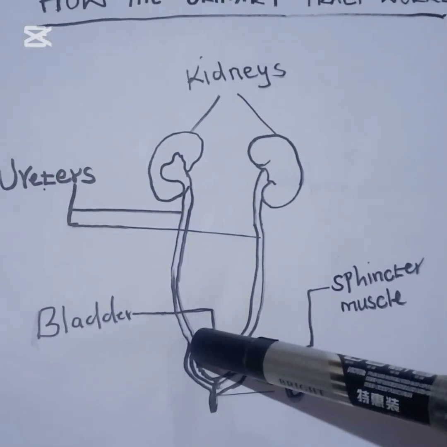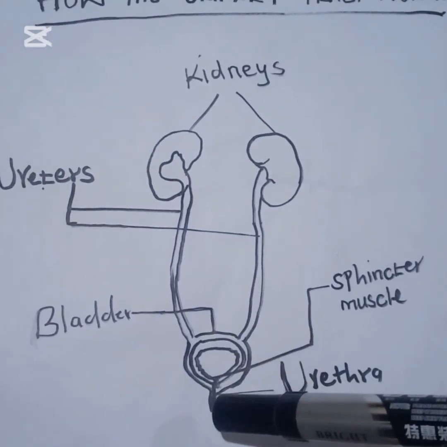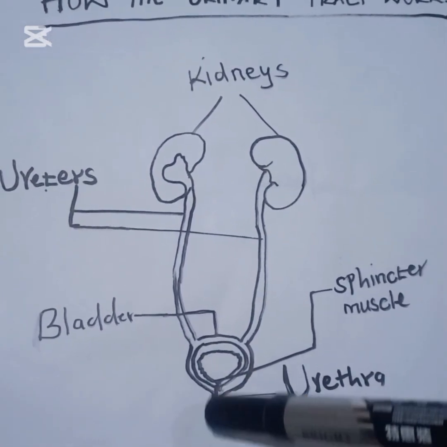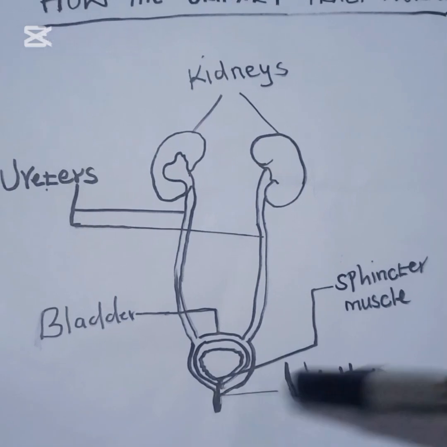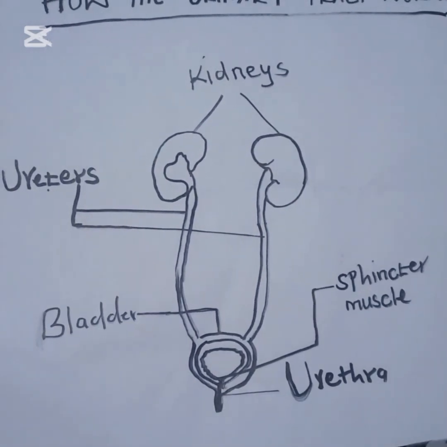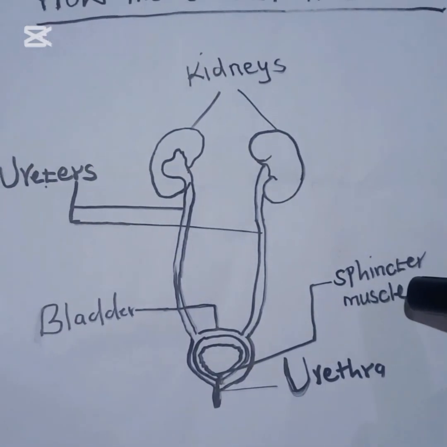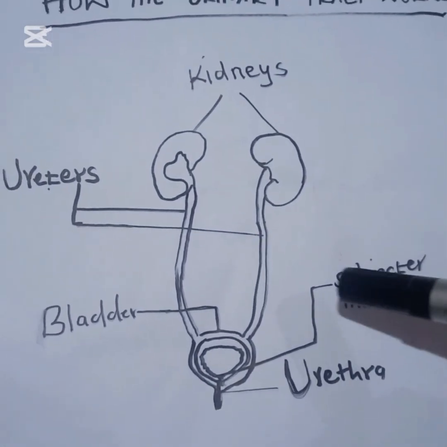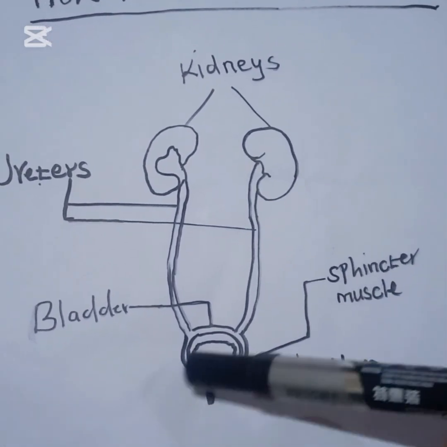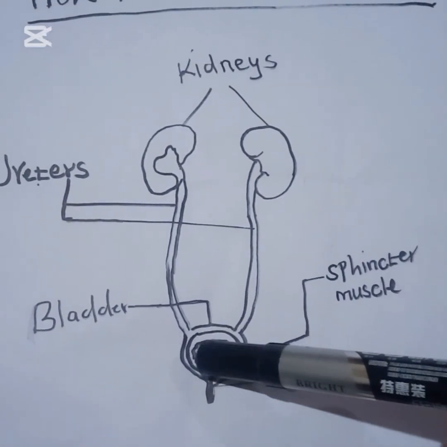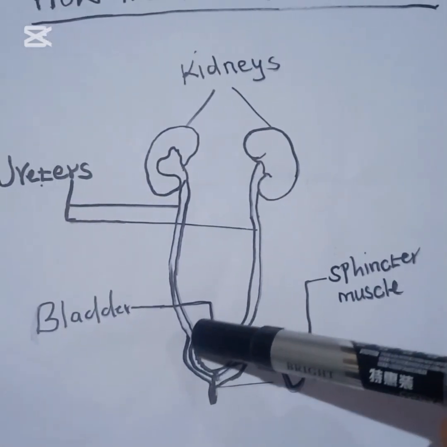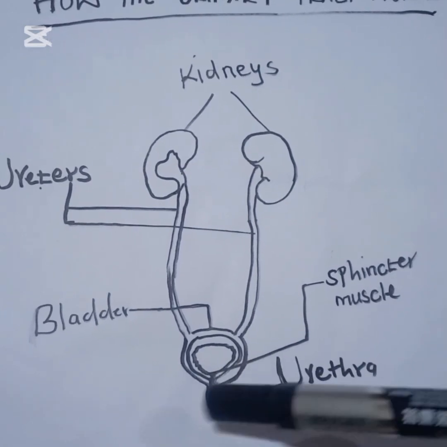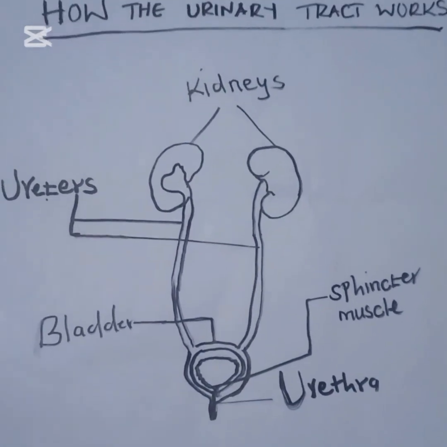We have one bladder and a tube, an extension from the bladder running down, which we call the urethra. You can see there is the sphincter muscle. We are going to understand the importance of these sphincter muscles, which actually surround the bladder and then connect down here to the urethra.